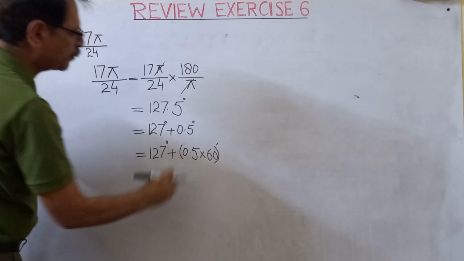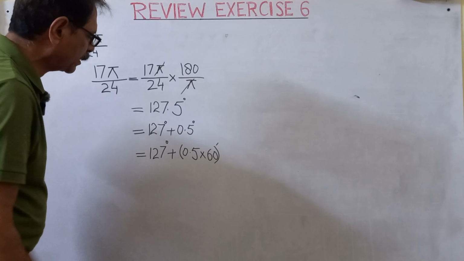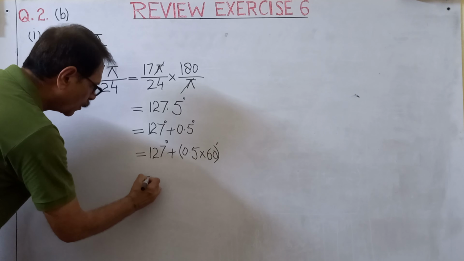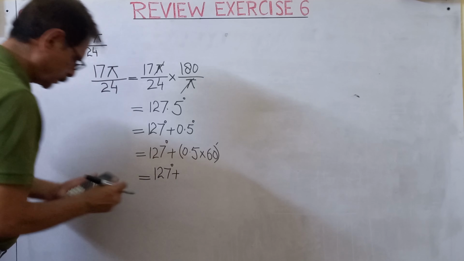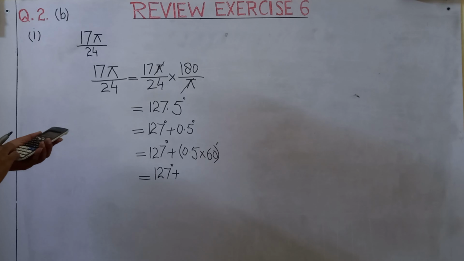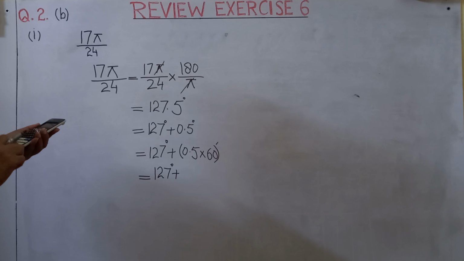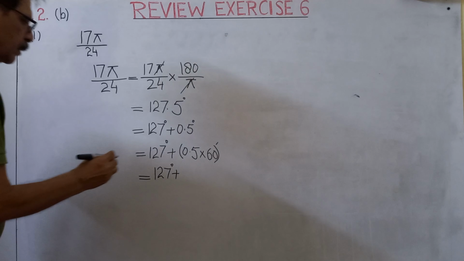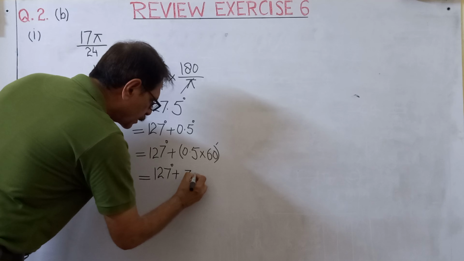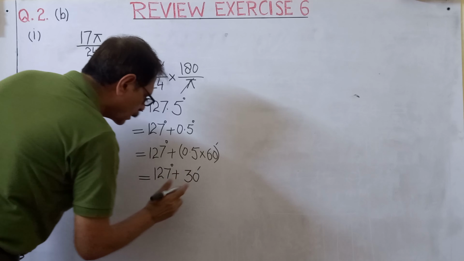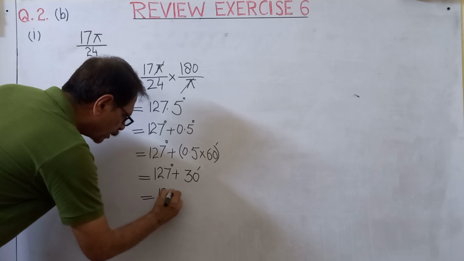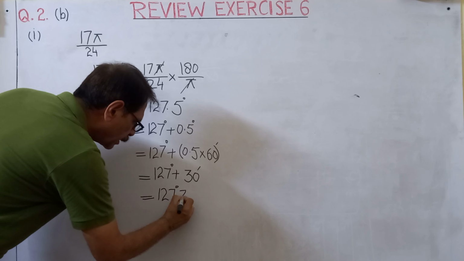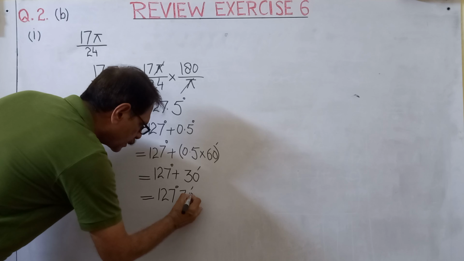When we multiply it by 60, it will become minutes. 127 degrees plus 30 minutes. So it is equal to 127 degrees and 30 minutes.